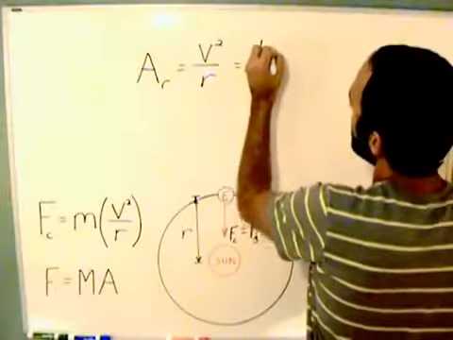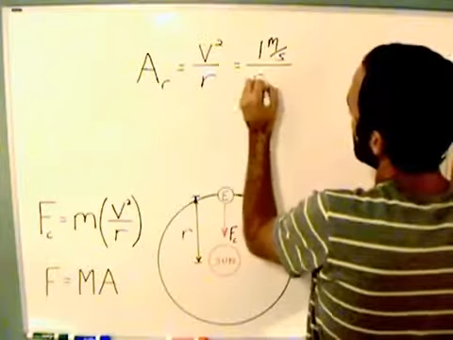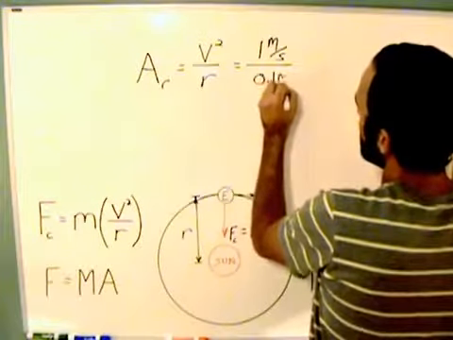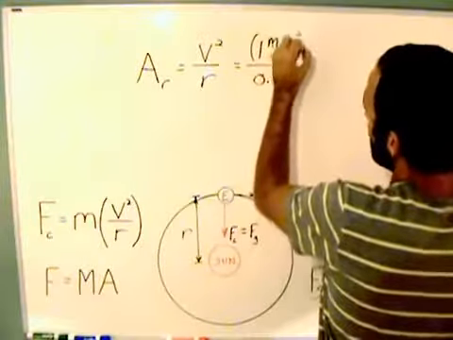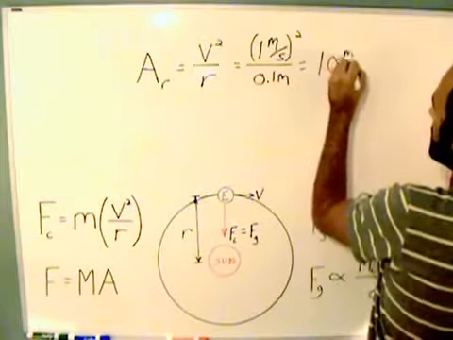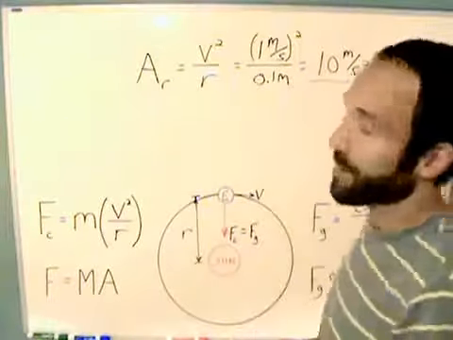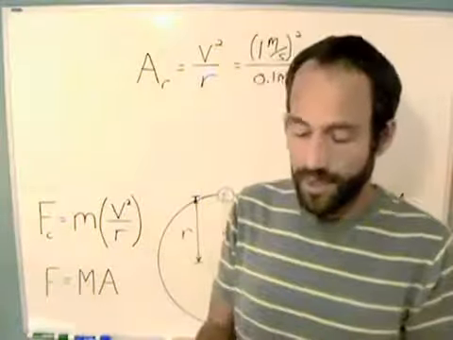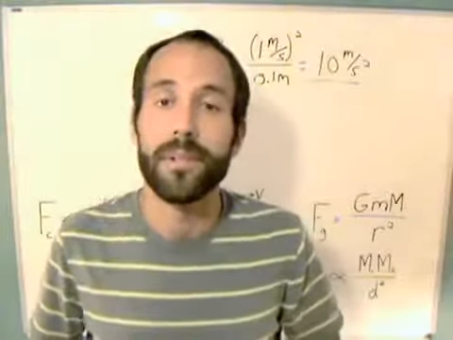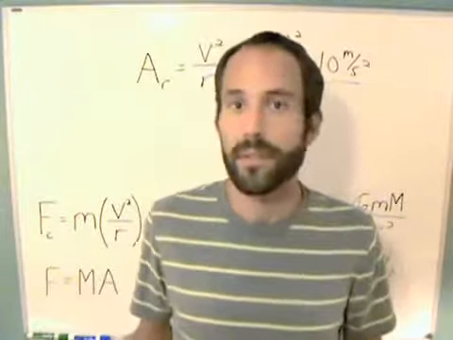So 1 meter per second, squared, up top, over 0.1 meters gives us 10 meters per second squared, which is pretty close to the acceleration due to gravity, or the acceleration at which things fall towards Earth, which is 9.81 meters per second squared. So the units are actually the same.